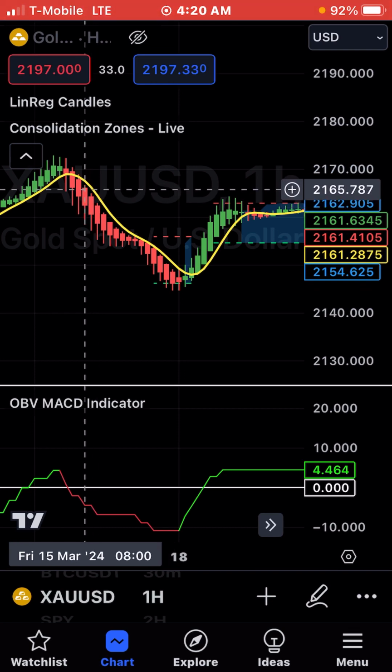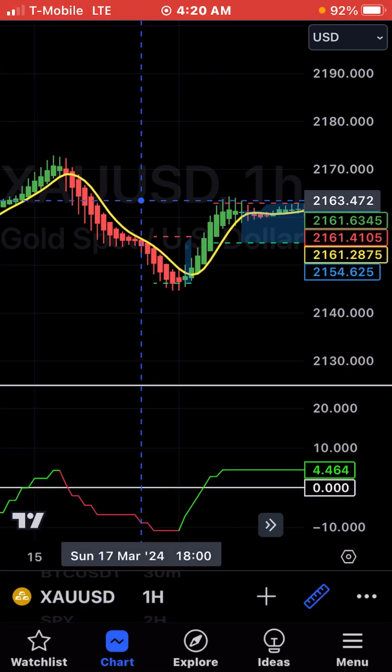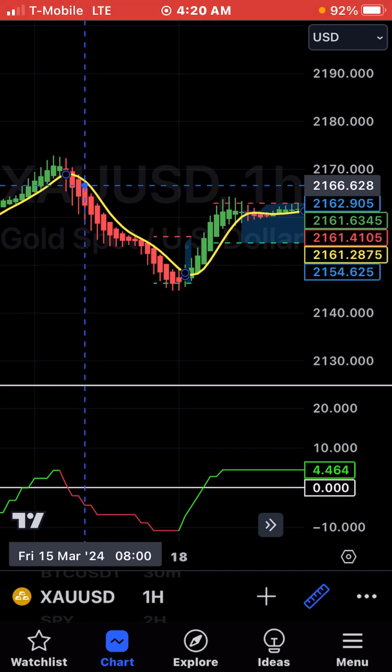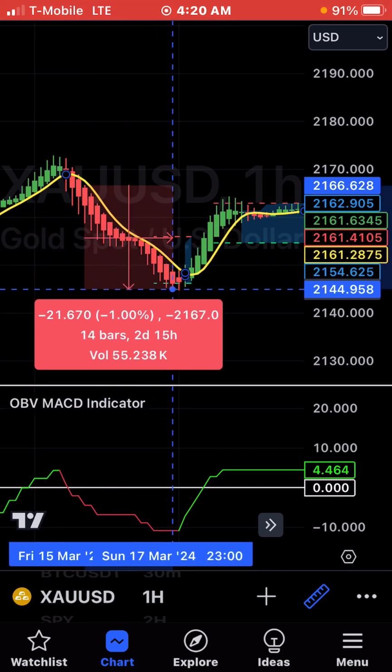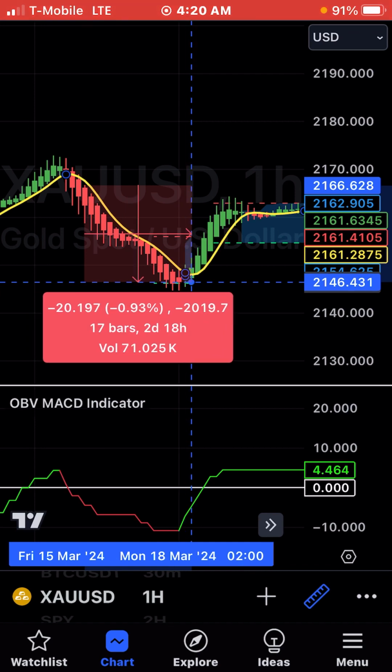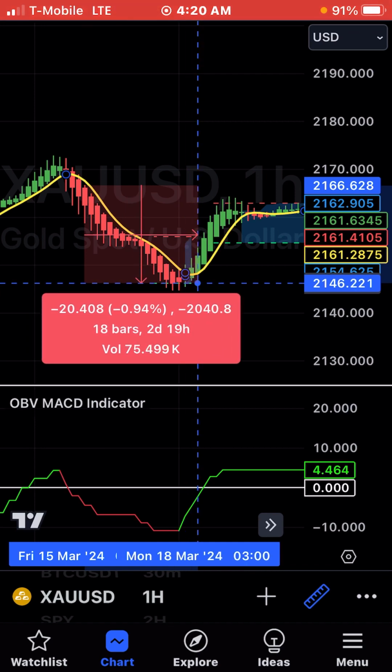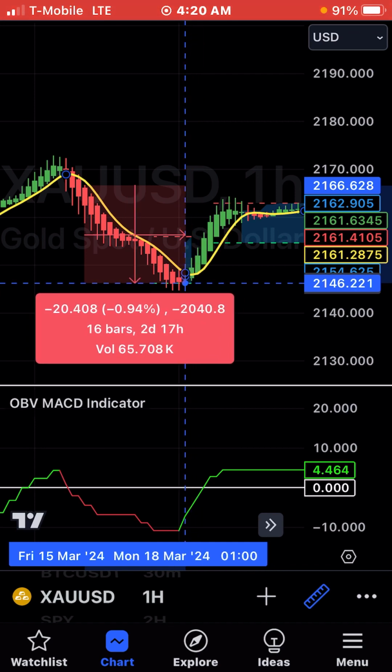You also see it happening on the MACD, so you know that this is a good trade for the time. So you would come in here and you could hold it off until you see like your first green candle, which is right about here. You also see that in the MACD. And from here to here, this is a 20,000 pip move.